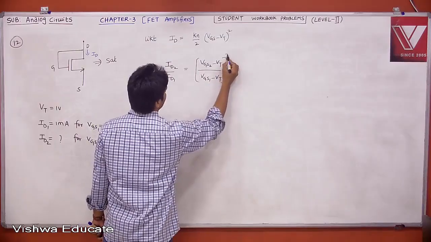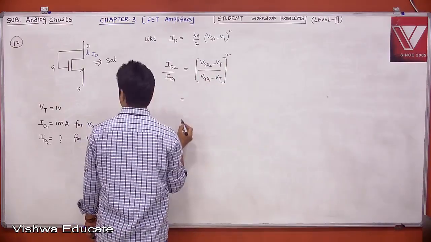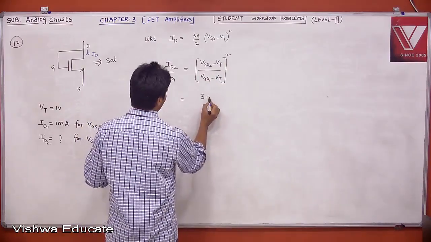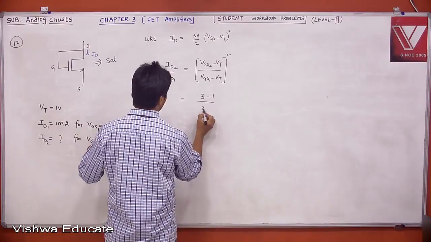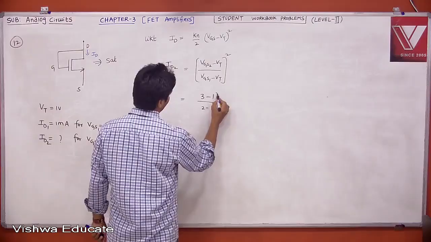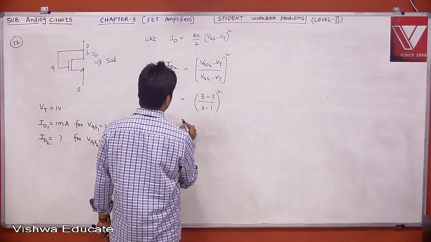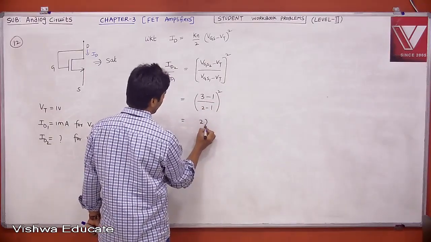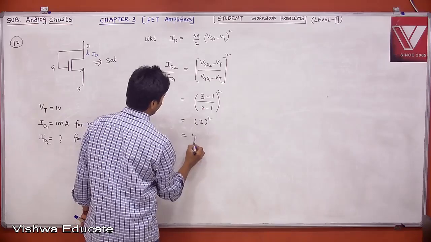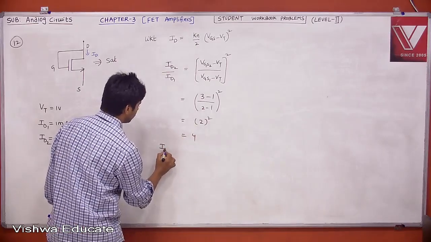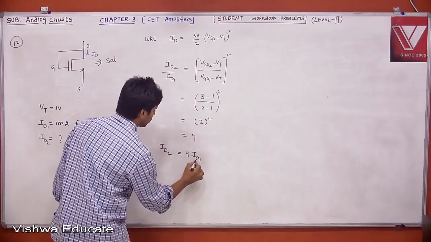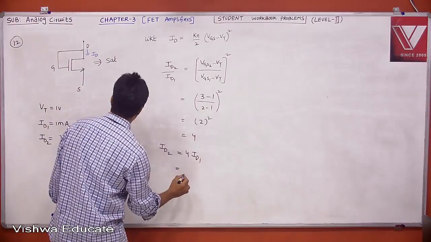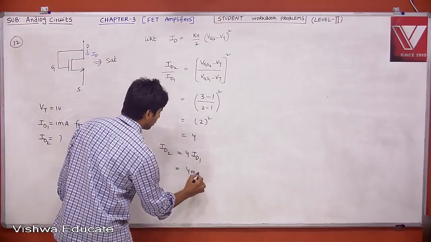VGS2 is 3, VT is 1, divided by VGS1 2 and VT 1 whole square. 3 minus 1 is 2, 2 square 4. Therefore ID2 is equal to 4 into ID1, which is 1 milliampere. Therefore, it is 4 milliampere.